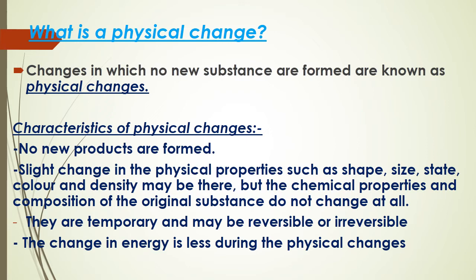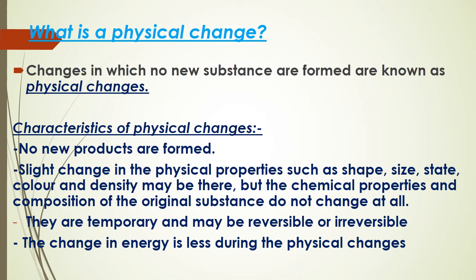For example, ice on melting changes into liquid, and liquid when heated changes into water vapor or gas. Here there is no change of the chemical properties. Okay, only the size, the shape or the state changes. But the chemical properties remain the same. The chemical properties of the original substance, that is water, do not change.